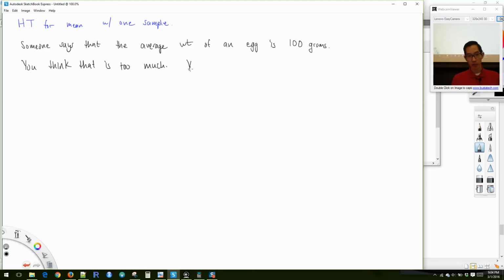Okay, so you take a random sample. We're going to take a random sample and here are the properties of our sample.